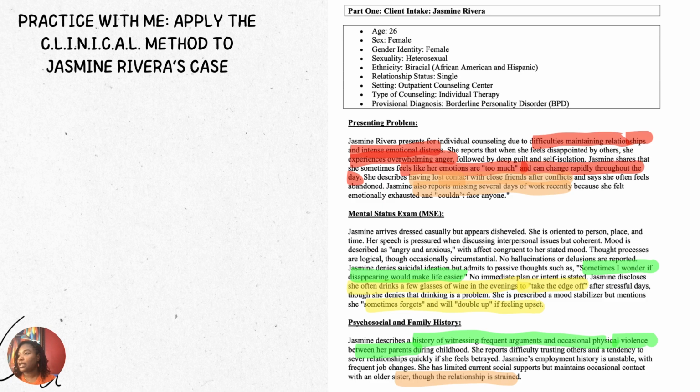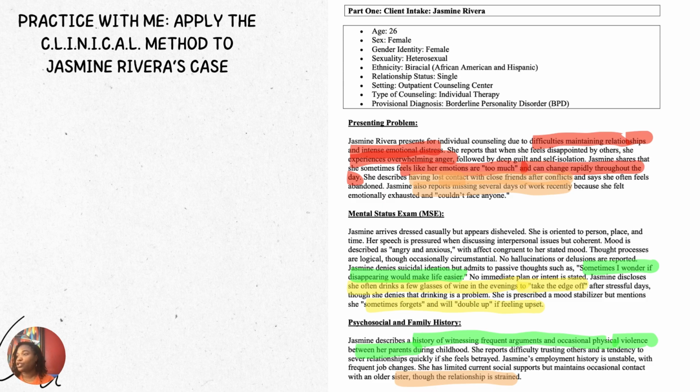Here you can see that the reason for the client to come to individual counseling is because she has difficulty maintaining relationships and she has intense emotional distress. She experiences overwhelming anger followed by deep guilt and self-isolates. She feels like her emotions are too much and can change rapidly throughout the day.